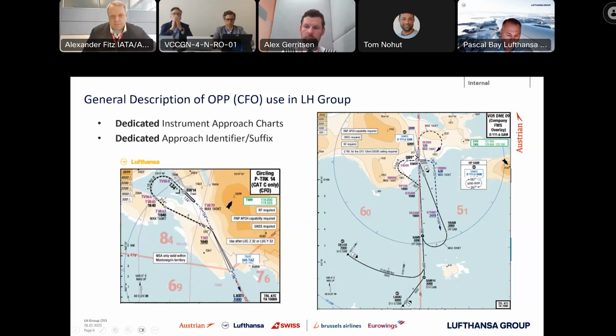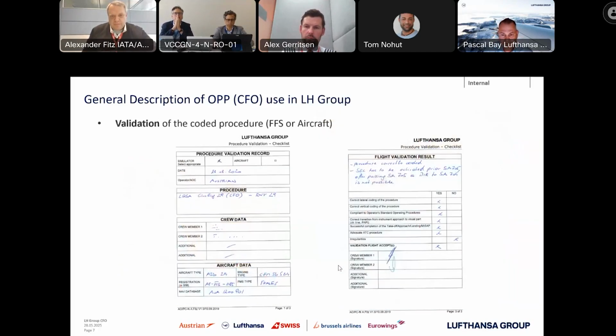Next slide, please. That's an example of a validation out of the simulator. You can see the crew flies the procedure. They write down exactly which aircraft type, which FMS type, and so on.